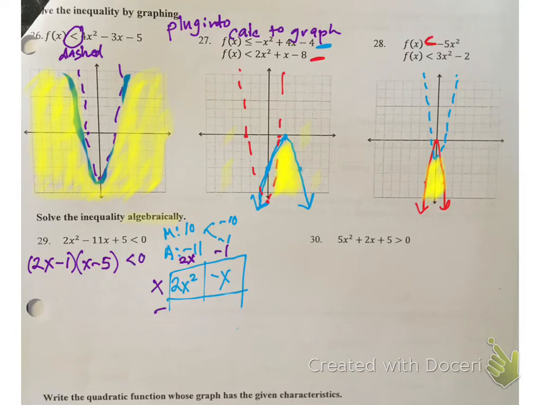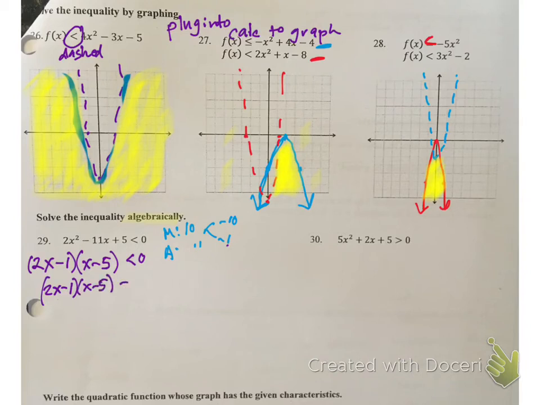I'm going to erase this. Then my next step would be I'm going to set this equal to 0. So 2x minus 1, x minus 5 equals 0. So then my solutions, when I set them equal to 0, I end up getting x equals 1/2 and x equals 5.